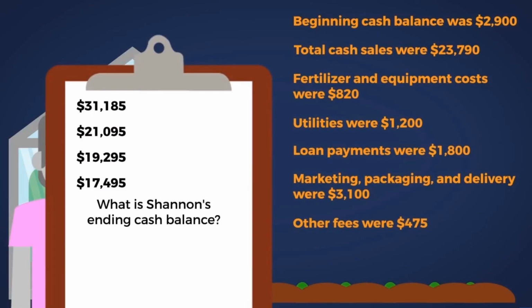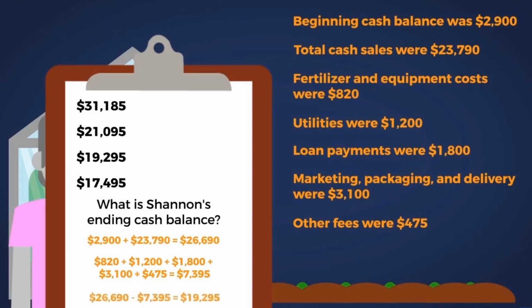First, total the cash balance and cash sales. $2,900 plus $23,790 equals $26,690. From that total, subtract total costs. Total costs, $820 plus $1,200 plus $1,800 plus $3,100 plus $475 equals $7,395.